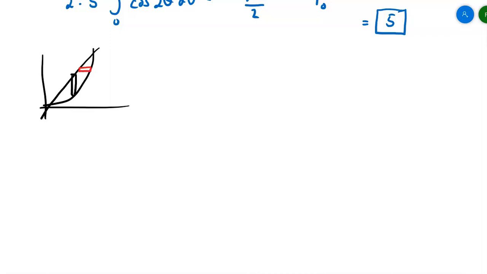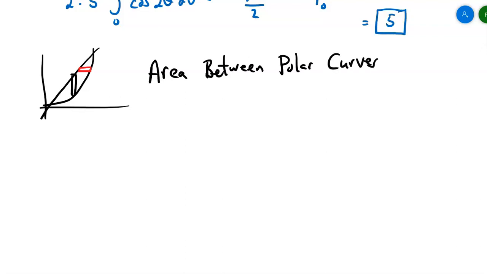Well, what if you want to find the area between two polar curves? What might that look like? Well, suppose I have one polar curve out here and another polar curve here. And I'm going to look at taking a little slice like we did before, right?